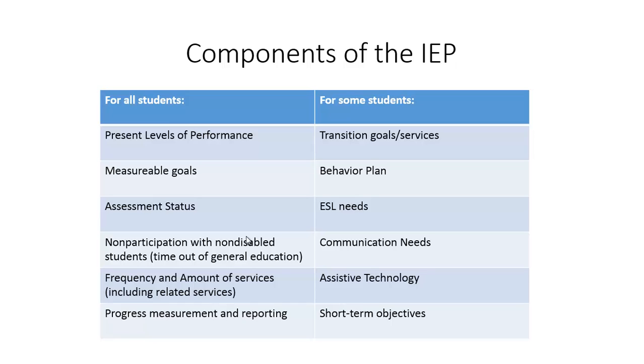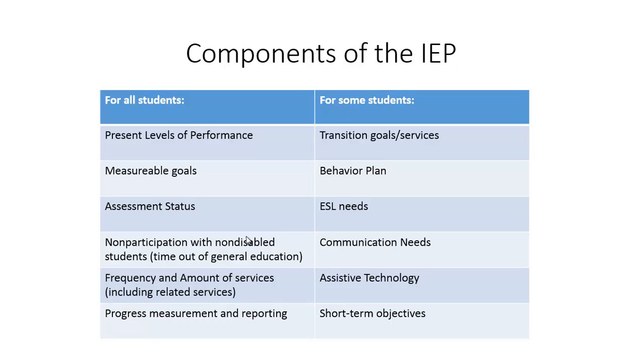But this really is just a review of what the components are. So you have your present level of performance, your measurable goals, assessment status, which refers to both how the student is performing now, but also talks about modifications and accommodations for testing. So district-wide, statewide testing, what are some accommodations we will provide that child to kind of level the playing field. Then also some other compliance things.